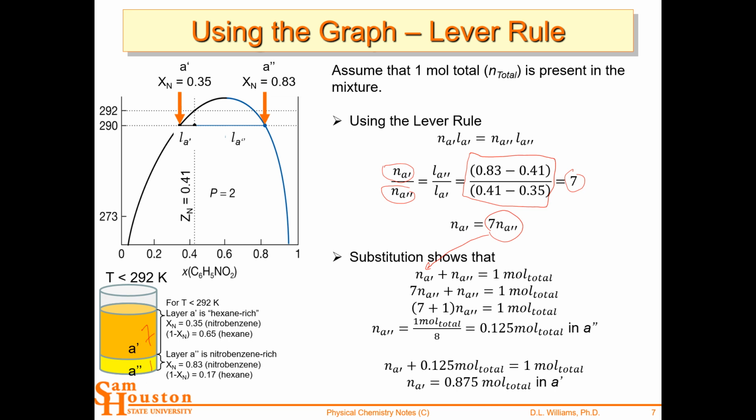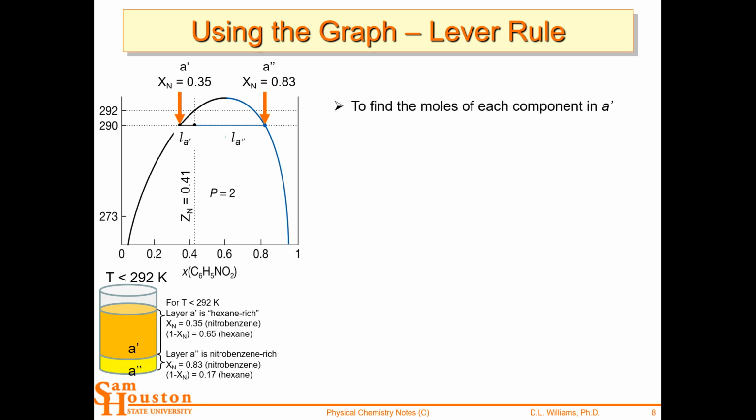So let's apply these. We have the total number in A double prime, so let's now take 83% of that and 17% of that and see how many nitrobenzene moles we have in that layer and hexane, and let's do the same thing for the top layer. So to find the moles of each component in A prime, we have 0.35 of nitrobenzene times the total moles of that layer.